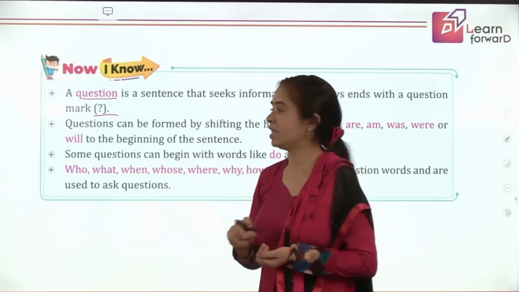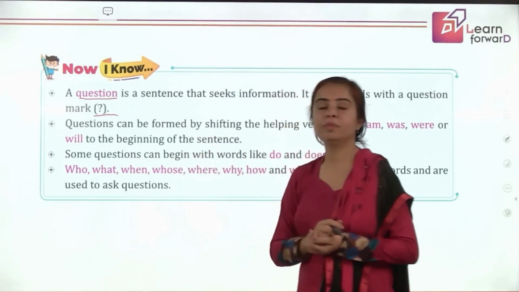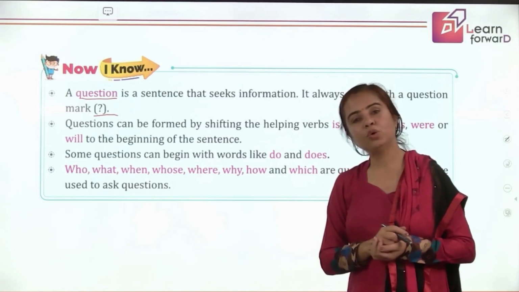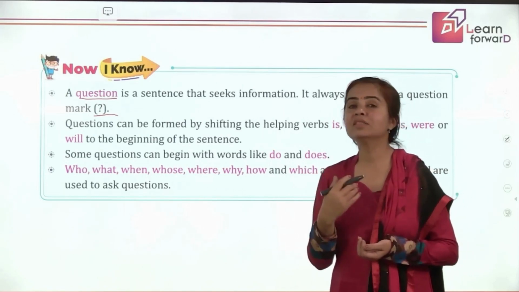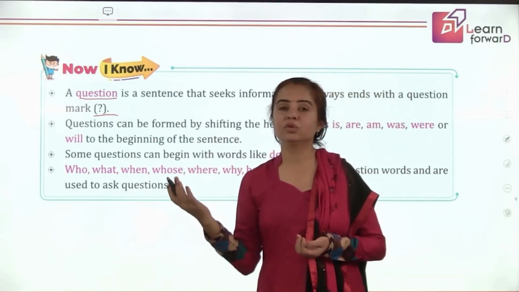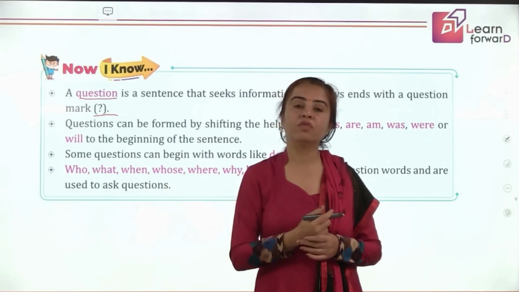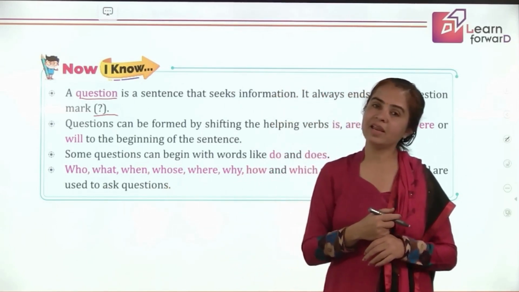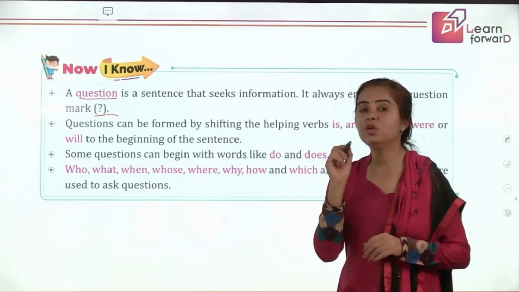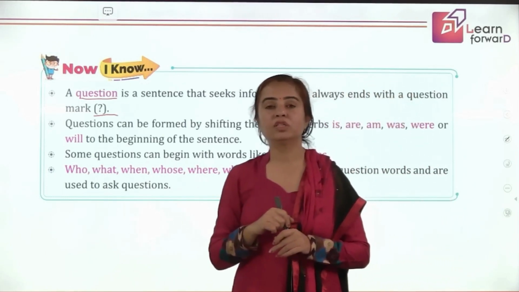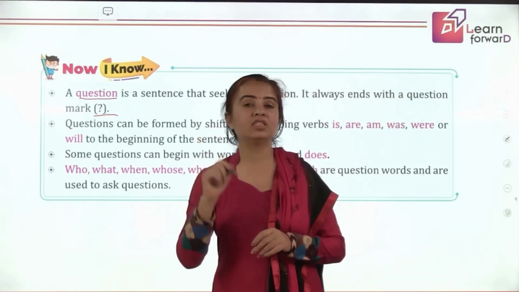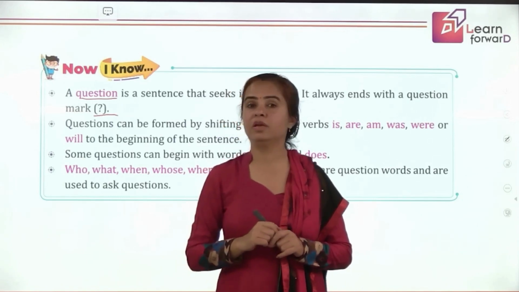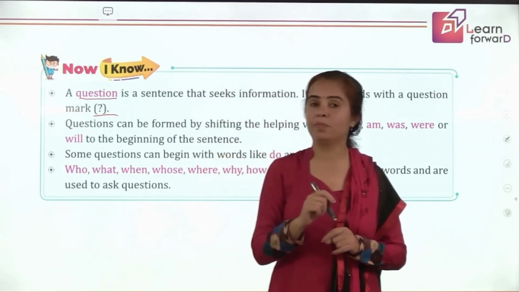But sometimes, when there is no helping verb, from our side we start the interrogative sentence with the helping verb do or does. And remember, when you use does in the beginning of the sentence, the es from the verb will be removed, students. That is very important.